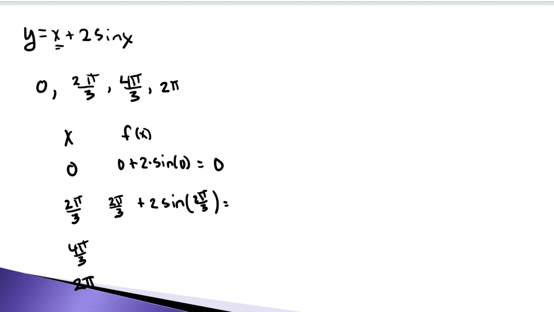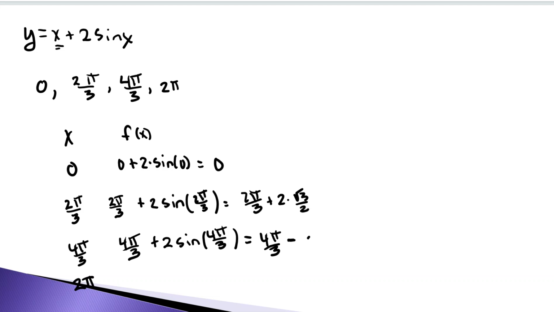For 4 pi over 3, I'm going to have 4 pi over 3 plus 2 times sine of 4 pi over 3, which is 4 pi over 3 minus 2 times root 3 over 2. And for 2 pi, I'm going to have 2 pi plus 2 times sine of 2 pi, which is 2 pi plus 0.